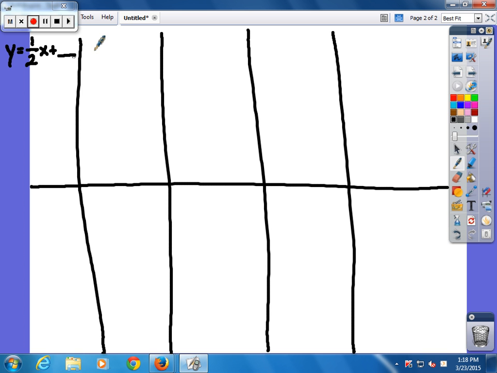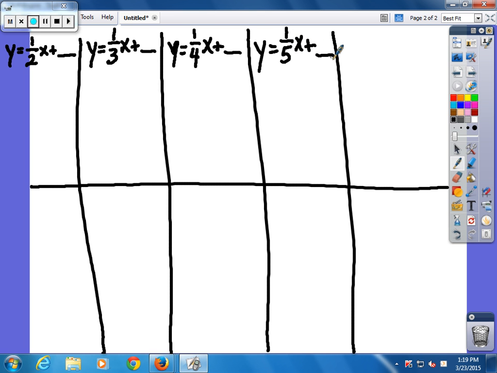Next one, y is equal to 1/3 x plus blank. And I'm going to keep on going up to as far as I can go. Y is equal to 1/4 x plus blank. Y is equal to 1/5 x plus blank. Y is equal to 1/6 x plus blank. And so on.